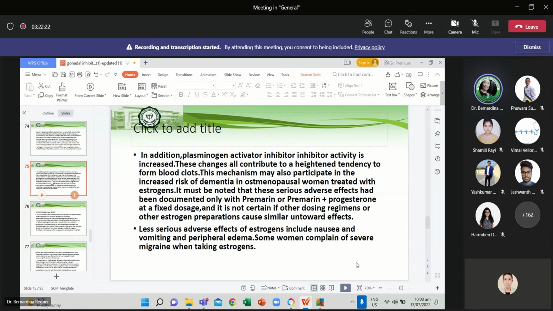Imagine that you are having hormonal replacement therapy in order to avoid hot flashes and what else? Vasomotor symptoms, but you also have an increased risk of dementia. Do you want that? What is dementia? Gradual loss of memory.